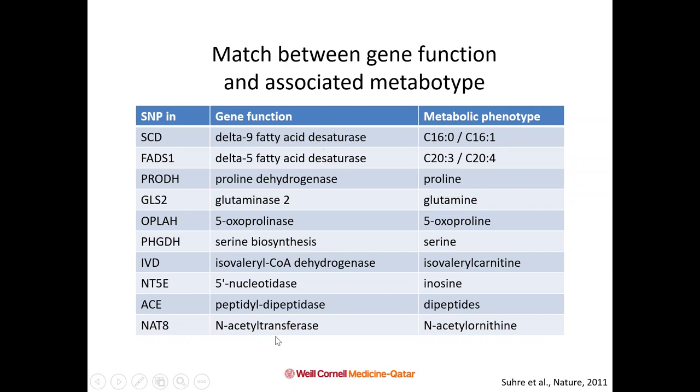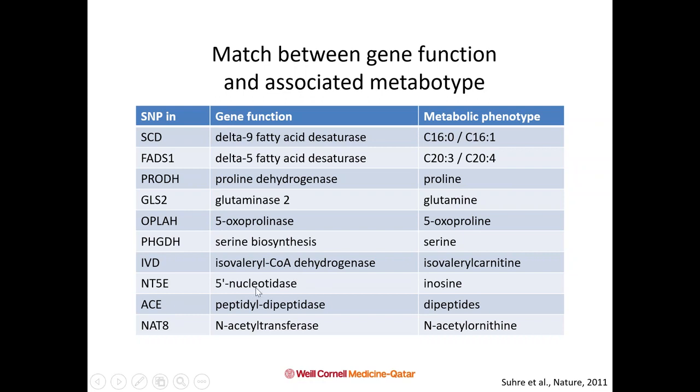But there's a whole list of these, and I'm just showing some here. SCD, for instance, is another fatty acid desaturase, and it goes with its precursor and its substrate. It basically puts the delta-9 double bond into the long chain fatty acids. Then you have things like proline dehydrogenase that associates with proline, and glutaminase with glutamine, and oxoprolinase with oxoproline.